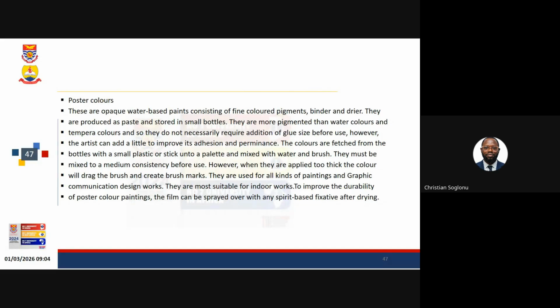They are produced as paste or stored in small bottles. They are more pigmented than watercolor. So if it's red, you see the red more strongly as compared to watercolor paint. The red is deeper and thicker.